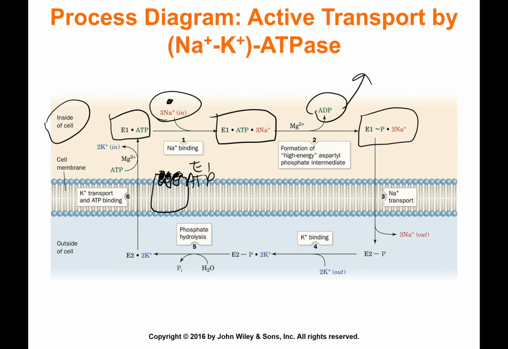This phosphorylated E1 state does not exist for a very long time. Basically, as soon as the protein gets phosphorylated, it turns into the E2 state. So the phosphorylated version is the E2 state. Now, the phosphorylated version of the protein, let's see how to draw this.